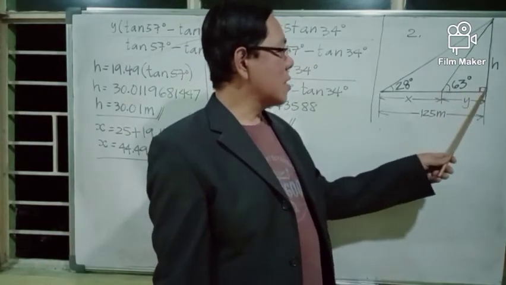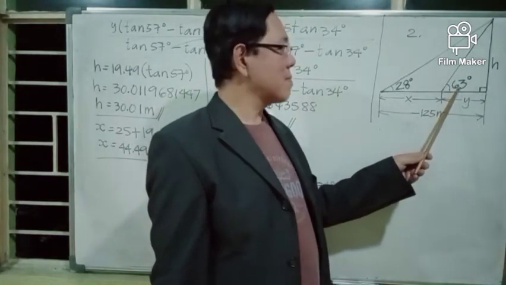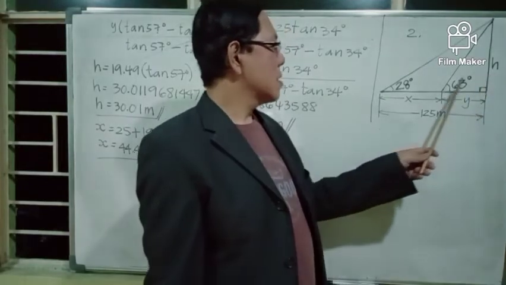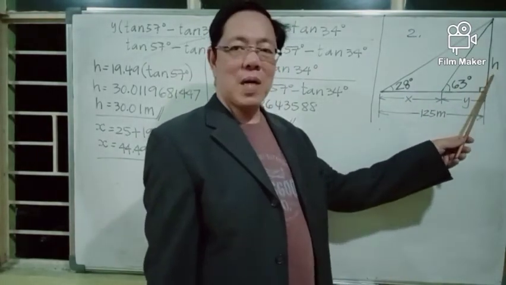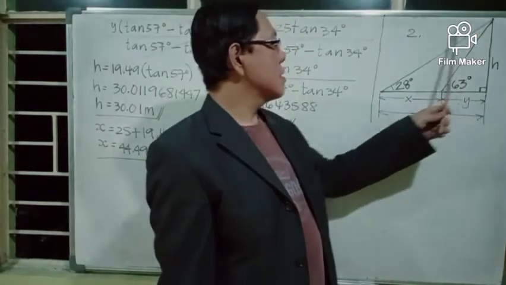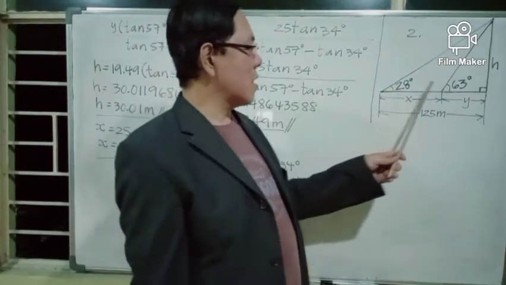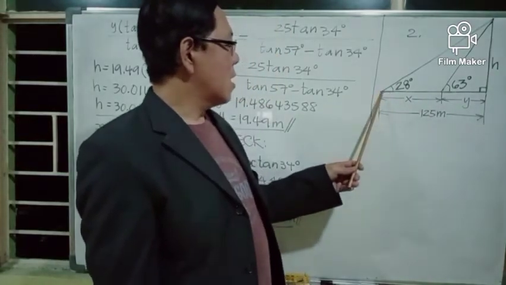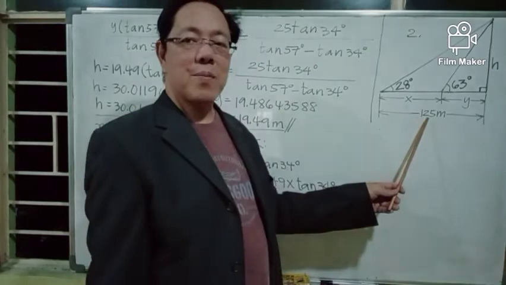In this smaller right triangle, the acute angle given is 63 degrees, and opposite 63 is h, the height of the right triangle. In the bigger right triangle, the acute angle is 28 degrees, and opposite 28 is also h. Adjacent to 28 degrees is 125 meters.